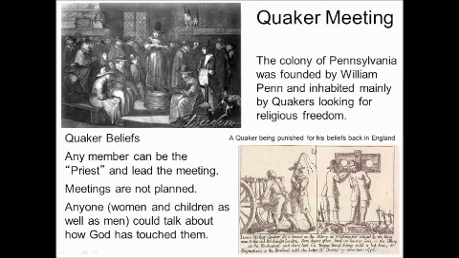This drawing here is from England of a Quaker being punished for his beliefs. If we look down here at the bottom, it says James Naylor, Quaker, led on a pillory in Westminster. He's whipped by the hangman in the Old Exchange in London.